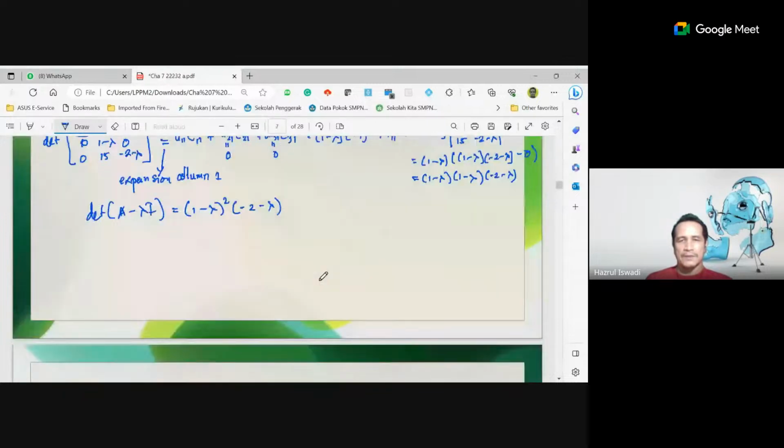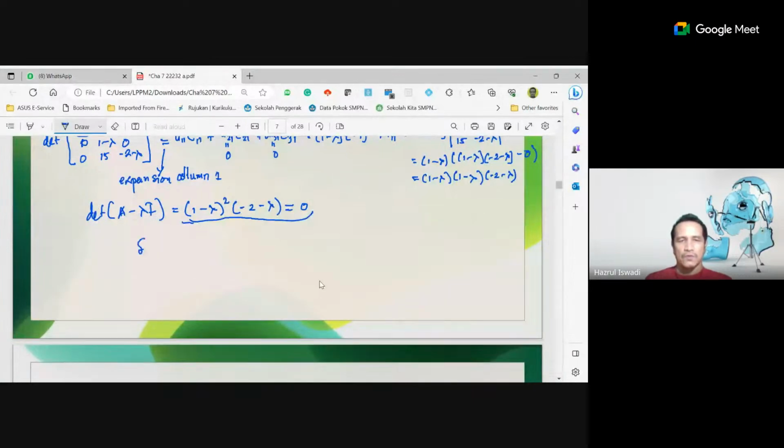So this will be 0, and the eigenvalues are the solutions of this equation.